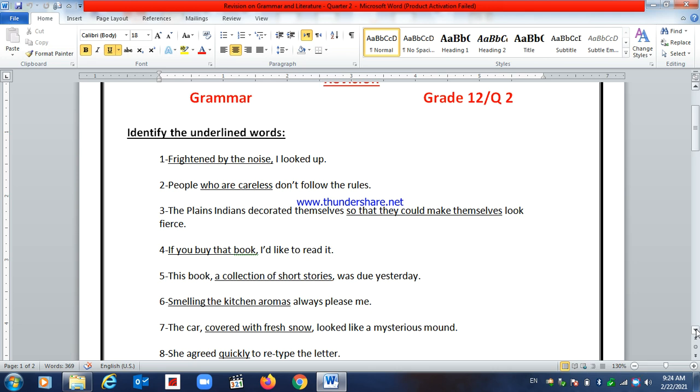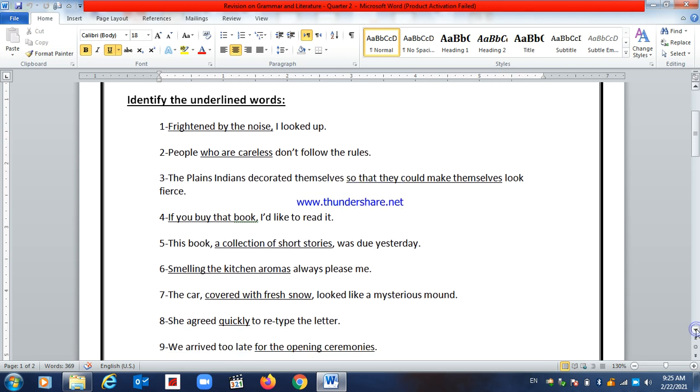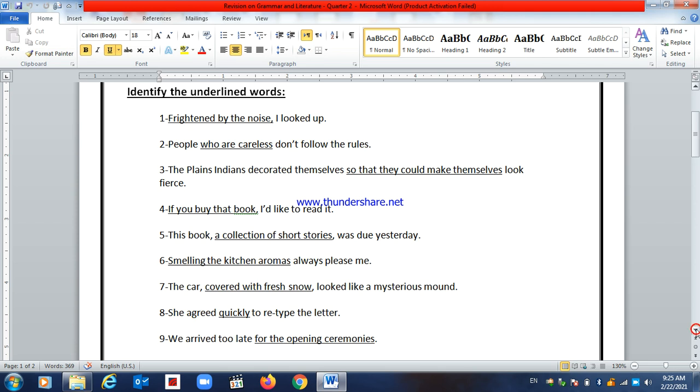Right? Actually, number 7 could be considered as an appositive phrase or participial phrase. But most probably we can consider it an appositive phrase because the words are inserted between two commas. The punctuation here plays a role. So number 7, covered with fresh snow, an appositive phrase. It gives me more information about the car.